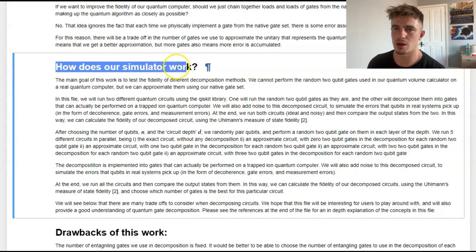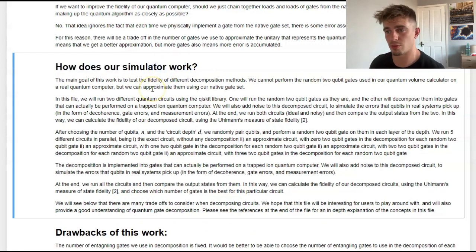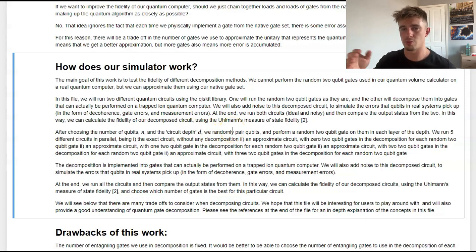So now we'll talk about how this code actually works. What is this quantum compilation simulator actually going to do? Basically, we're going to choose a number of qubits, and then we're going to choose a circuit depth, which will become clear in a second. In each layer of this depth, we're going to take all the qubits, randomly pair them together, and then execute random 2-qubit gates between those pairs.